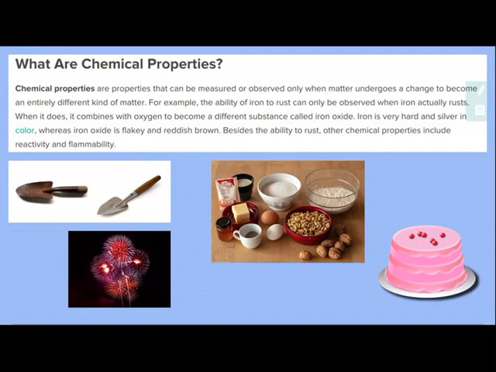If I have all the ingredients on the left-hand side there, and I mix all those up and make this beautiful cake on the right, I cannot reverse that process now. I can't take the cake and make it into those ingredients. They've undergone a chemical change, and they have different chemical properties now because I mixed them all together and heated them up, whereas with physical properties, they are reversible, like we will see.